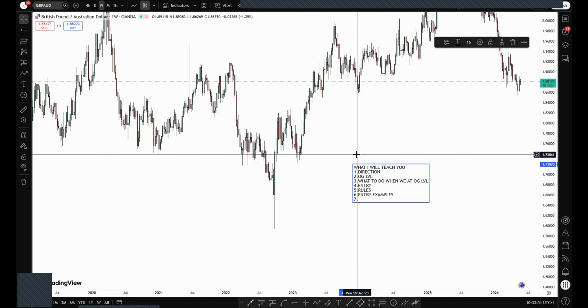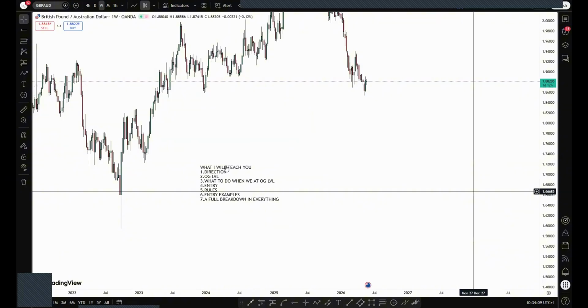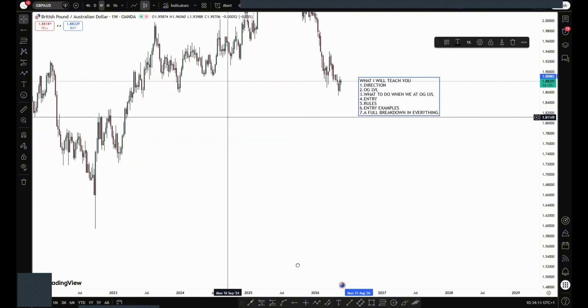Seven will be, what? A full breakdown of everything. Okay, so this is what we will work with on this same pair, GBPAUD.